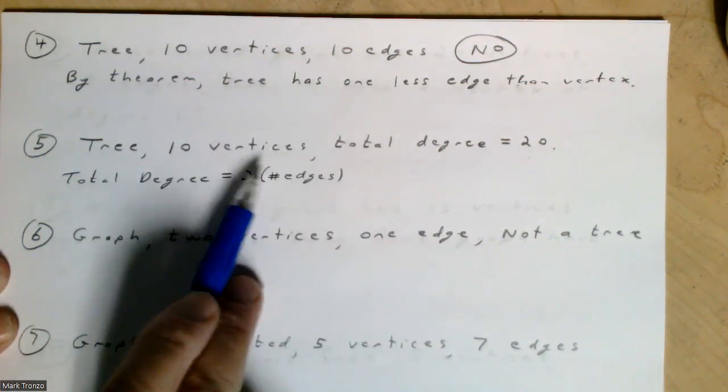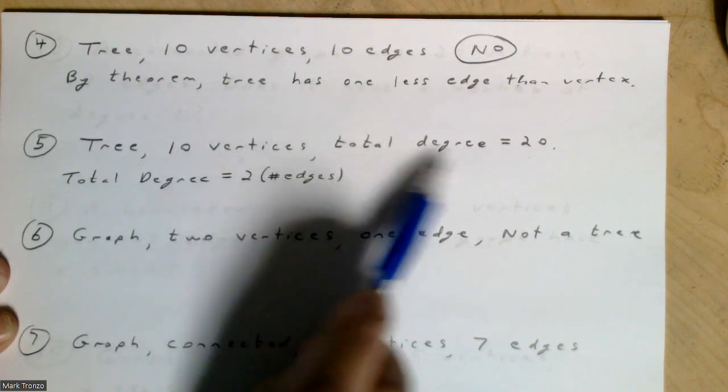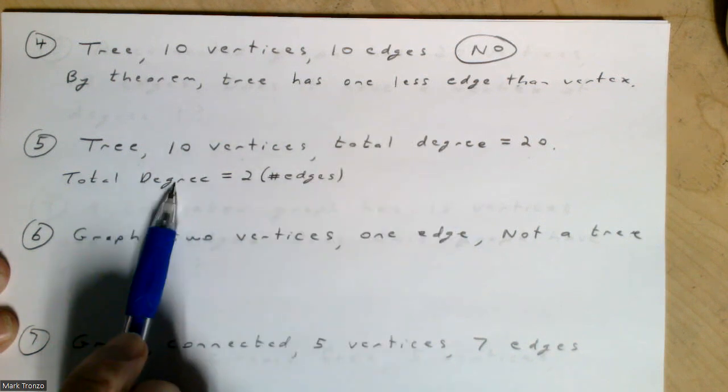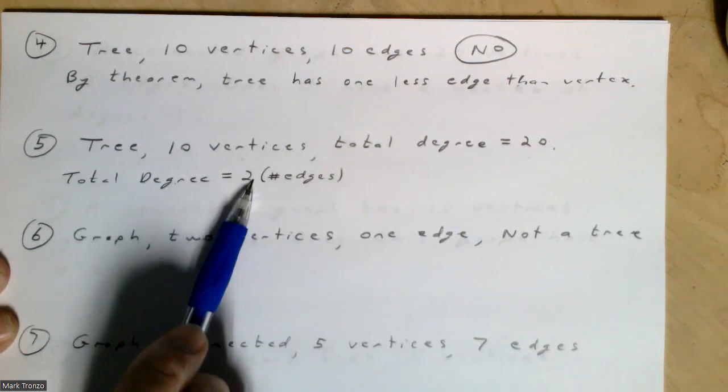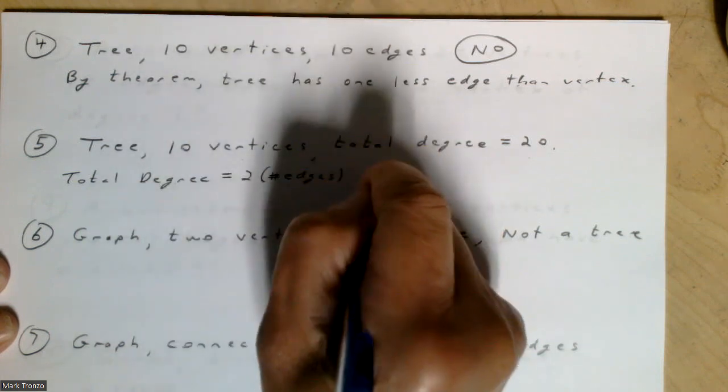So if we have a total degree of 20, if we use this equation, this means we have 10 edges.